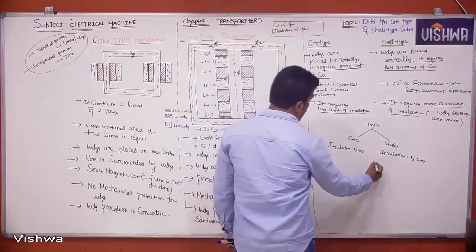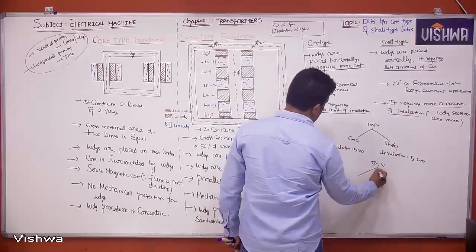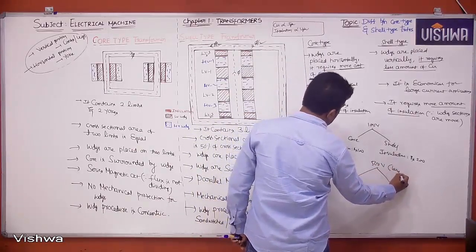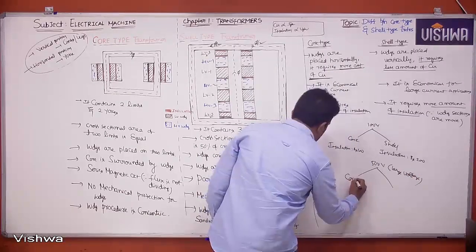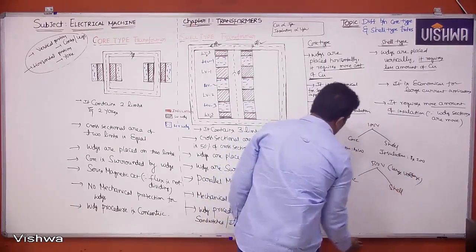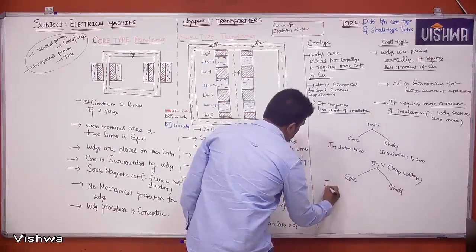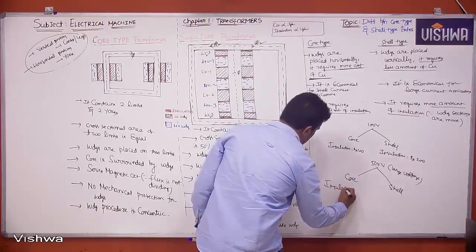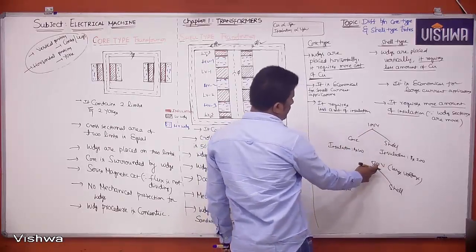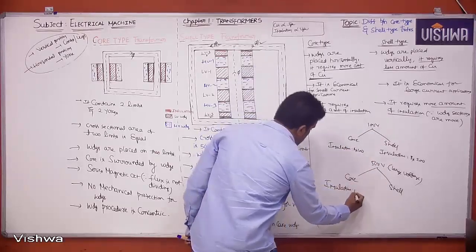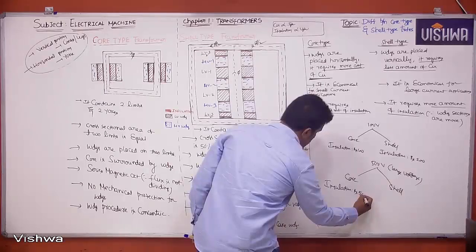Suppose I go for 500 volts, meaning a large voltage application. Now tell me the core insulation requirement. 100 becomes 500, so five times: it requires 500 rupees here.